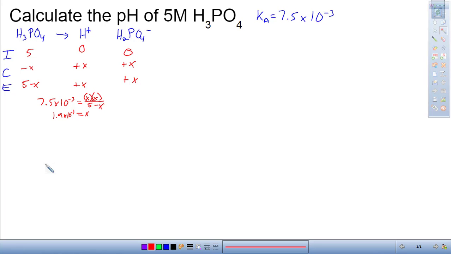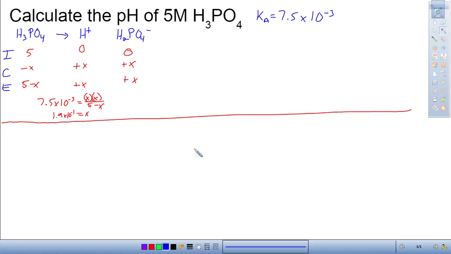But now, sometimes, they might ask us for something else. We just figured out the concentration of H. We also just figured out the concentration of H2PO4.